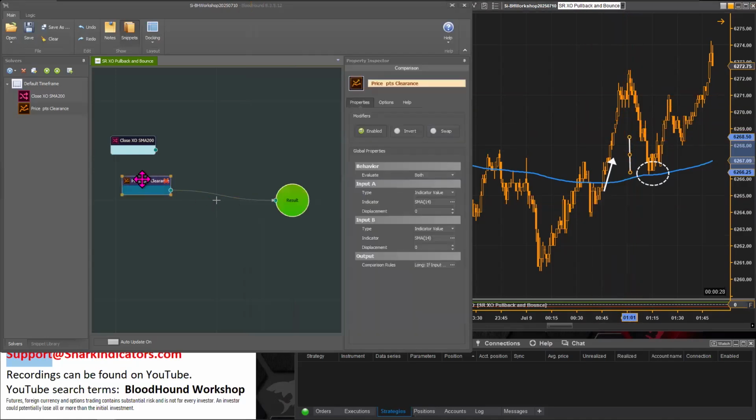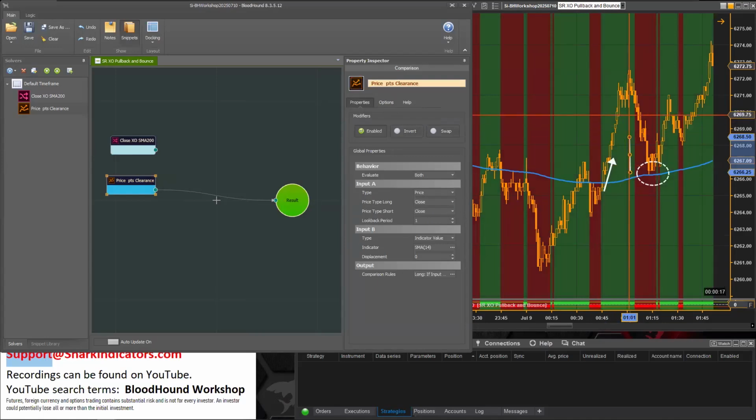All right, so let's begin to set up this comparison solver here. Input A is going to be price, and in this case you have to ask yourself, for checking this clearance, do you want to look at the low price of the bar? Do you want to look at the open of the bar?